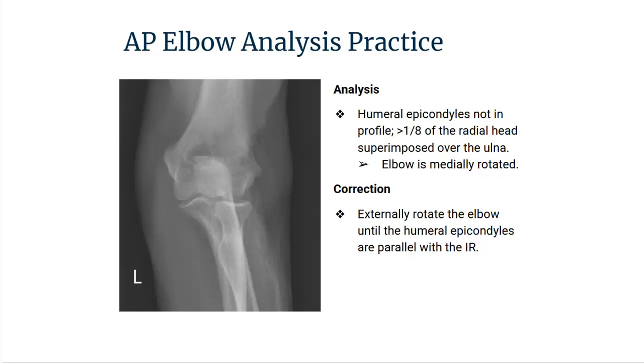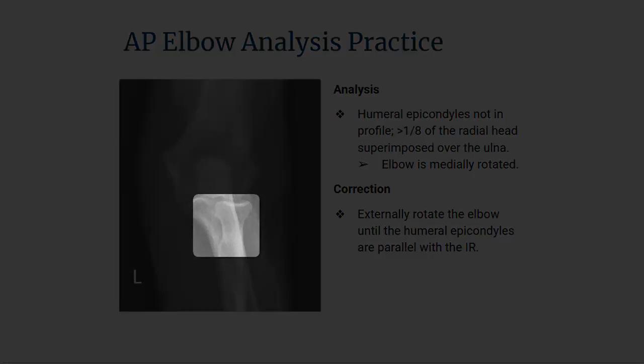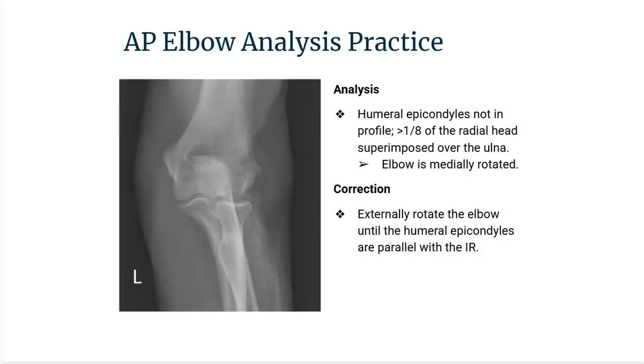When analyzing this image, we want to look at the position of the radial head. The radial head is superimposing more than 1/8 of the ulna. In this case, that is indicative of the elbow being medially rotated.